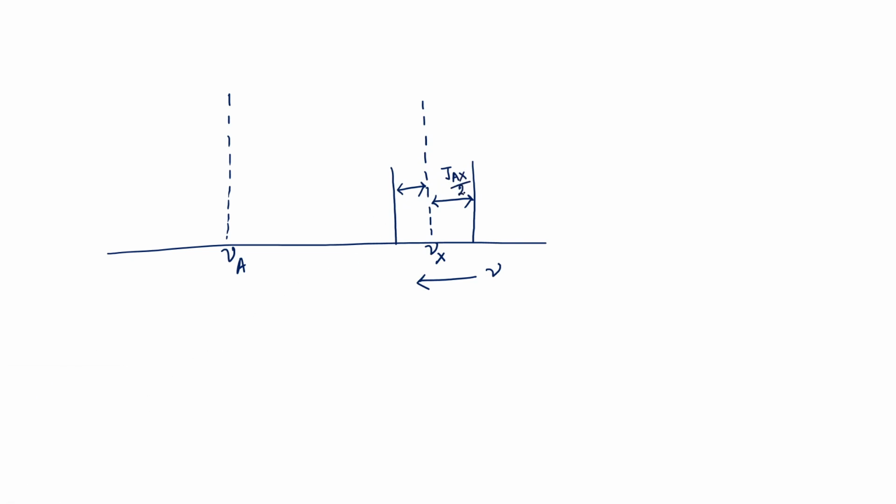JAX by 2, JAX by 2, overall gap is JAX, right? Similarly, for nu A also, we are going to get two spectra, right? The total gap would be JAX.